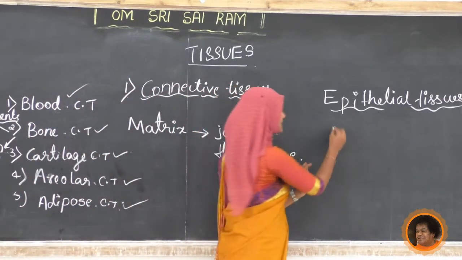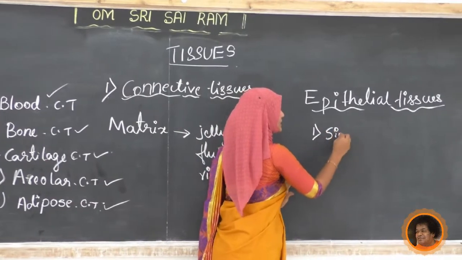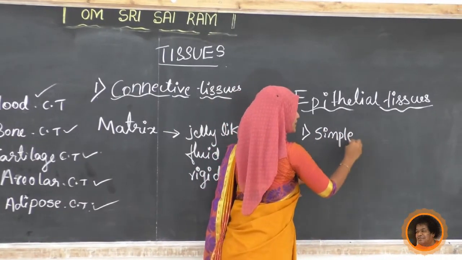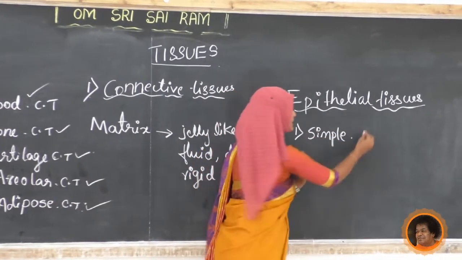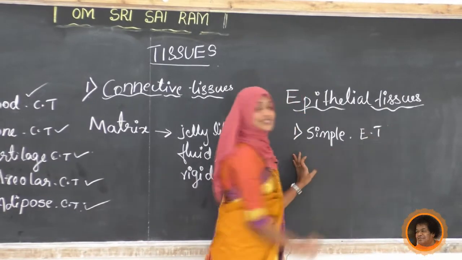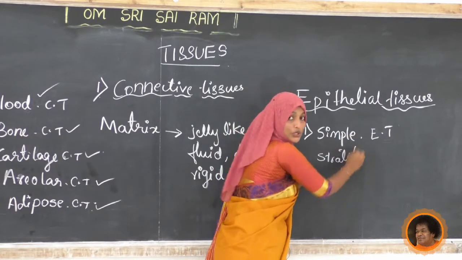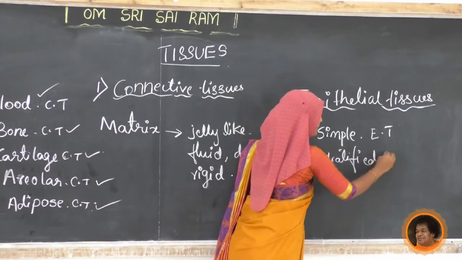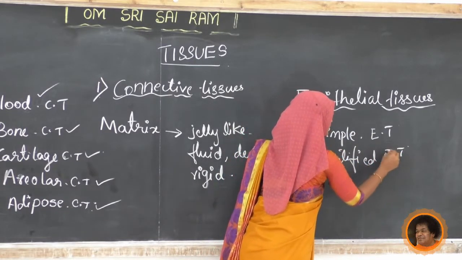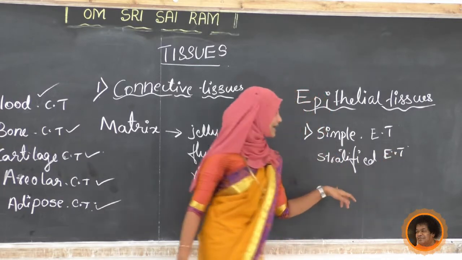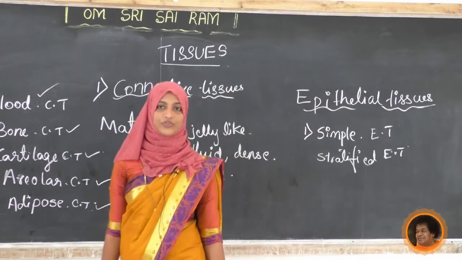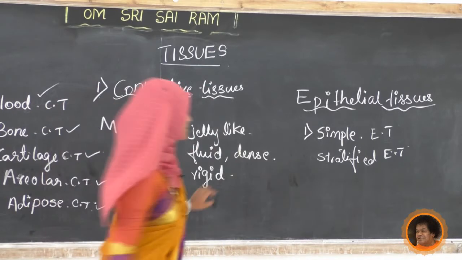First one is simple epithelial tissue. Second one is stratified epithelial tissue. So simple epithelial and stratified epithelial tissue, 2 types it is.